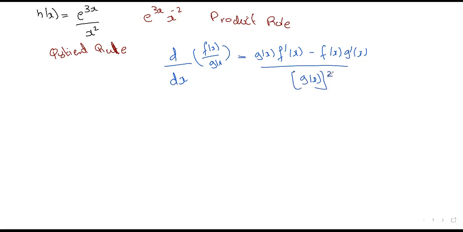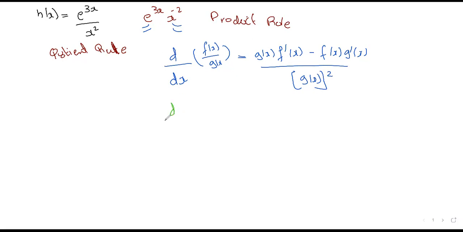Okay, Ranjani, in product rule, I told you that any of the two functions, like this could have been f, this could have been g, this could have been g, this could have been f. Fair enough. But if you use the quotient rule for this function, what would be f and what would be g?